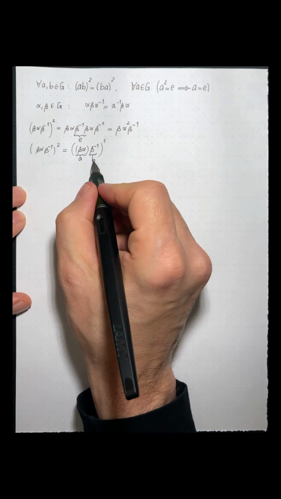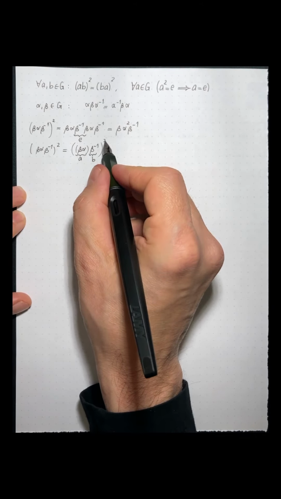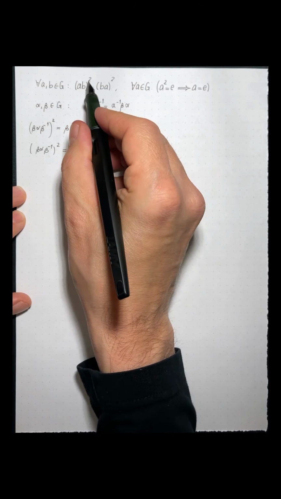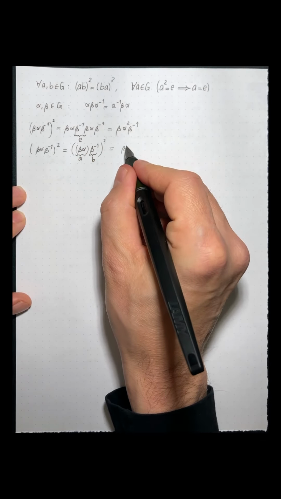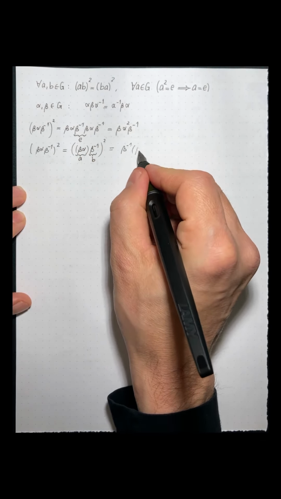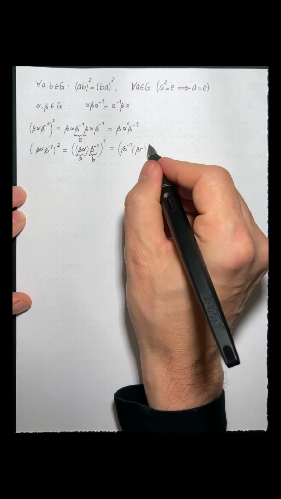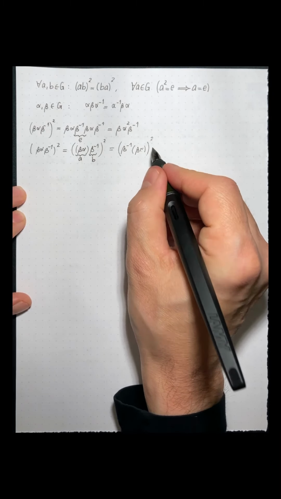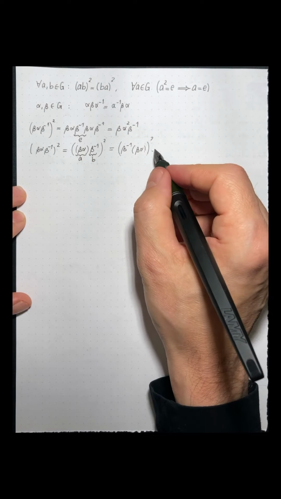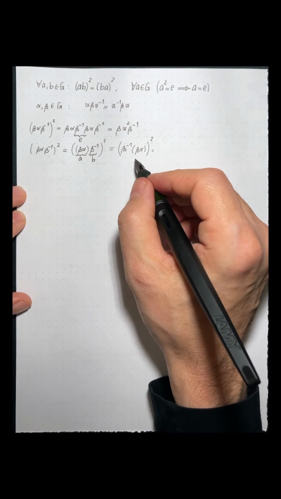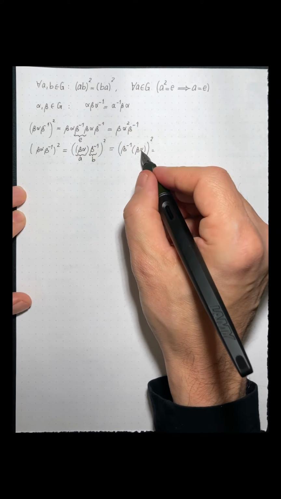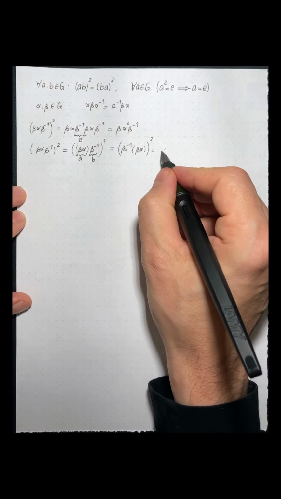I have (ab)², so (ab)² can be written as (ba)². So this becomes β⁻¹ multiplied by (β α)². But then β⁻¹ β can be grouped together using associativity, and it gives me the identity element. The identity element times α is α, so it becomes α².